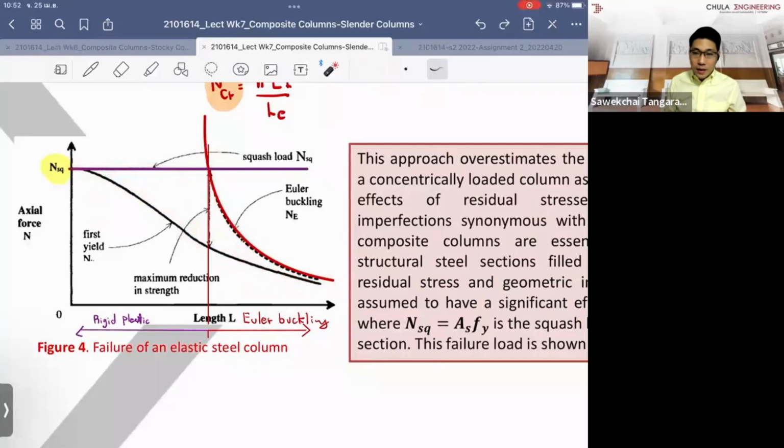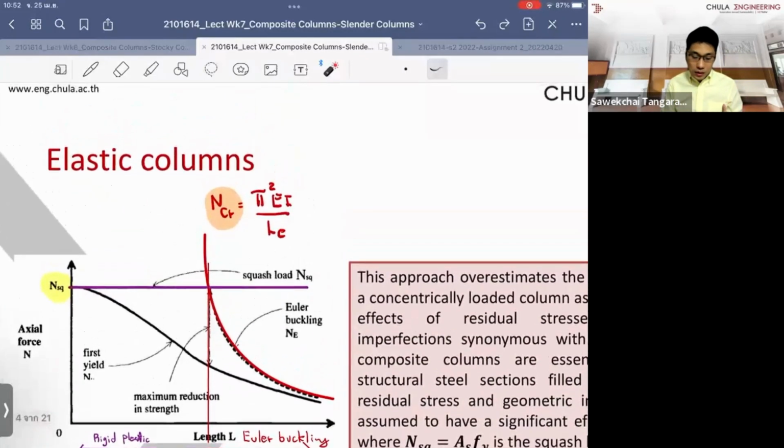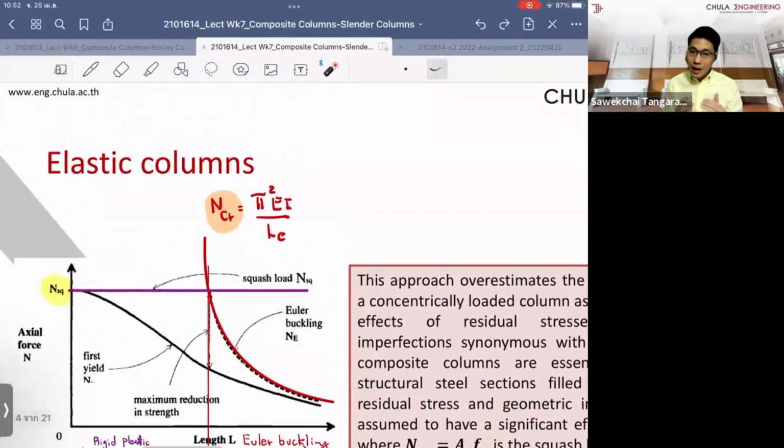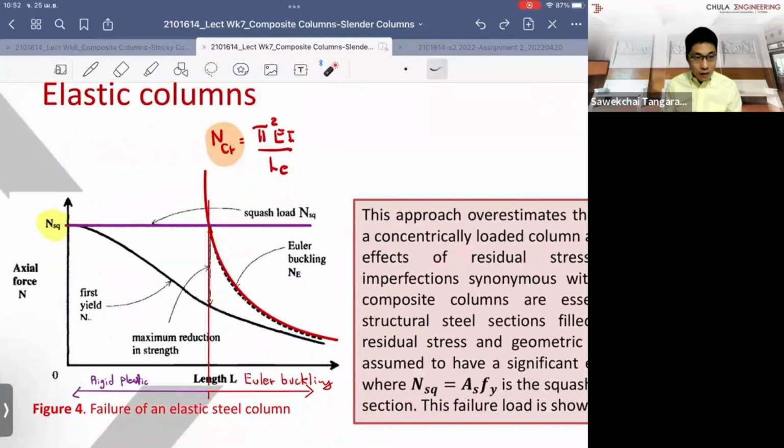So in the code, they refer first to the critical buckling, but they apply some modification factors because in reality there are other effects that influence the buckling, and it might be lateral torsional buckling.